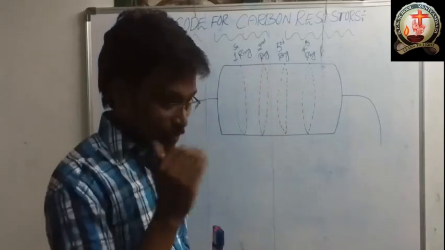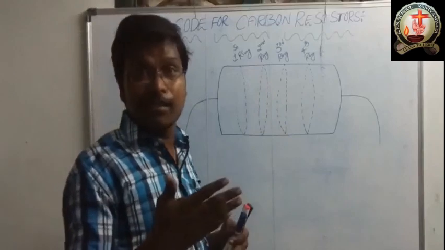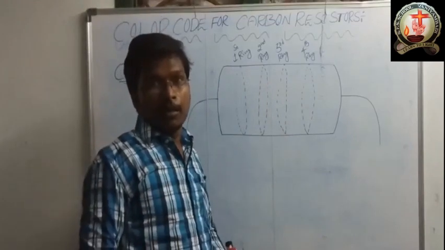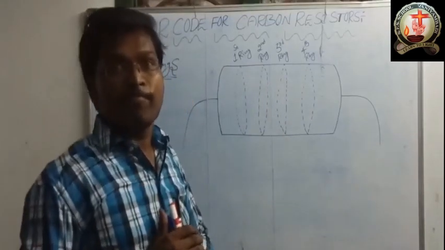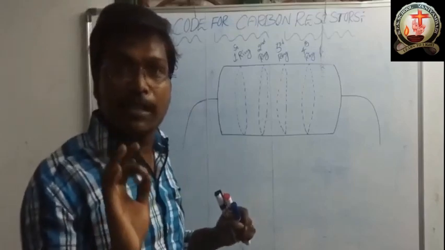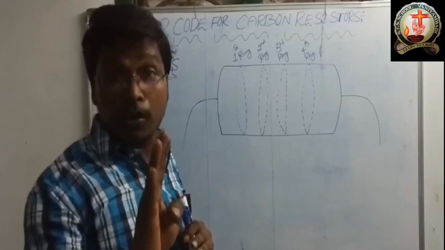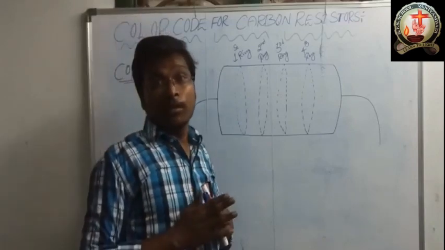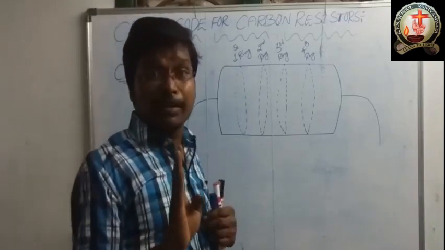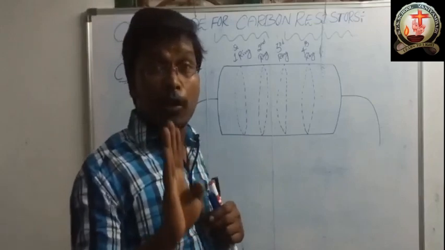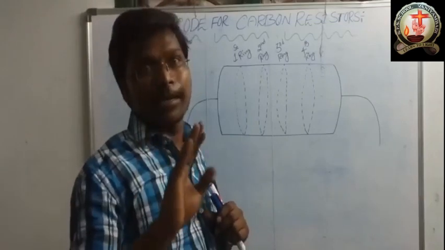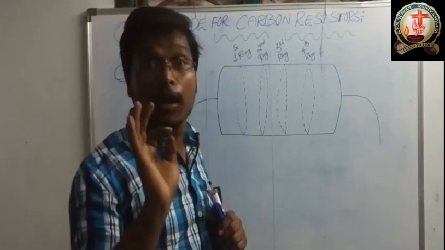Okay, what does the color rings method mean? Listen carefully. Each and every carbon resistor has 4 colored rings. Actually not 4 colors, 4 colored rings.